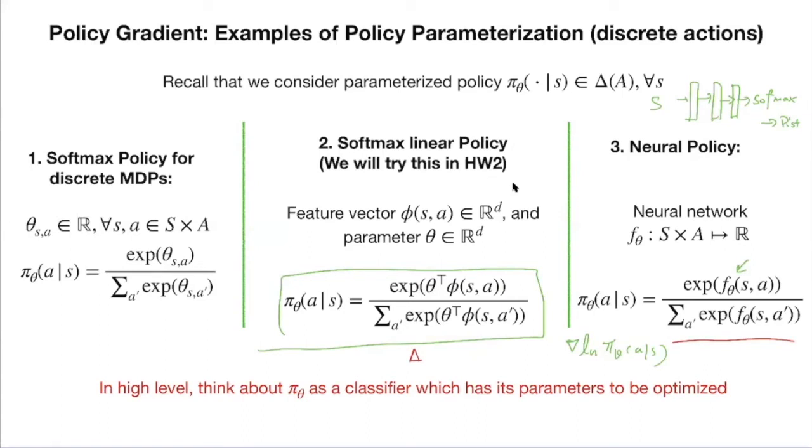We are okay for now dealing with an MDP where we have two actions, but potentially infinitely many states. Maybe think about playing simple video games. You only have two actions to control the agent, but the state is an image, a raw pixel image. So you have a huge number of states, but only two actions to control. Every time you just need to do two-way classification. So that's all this slide is saying.